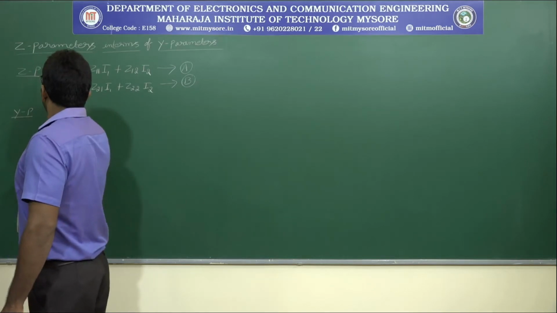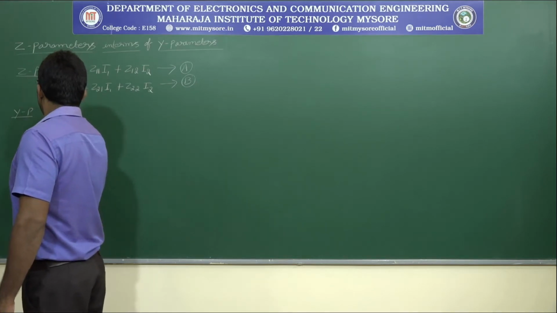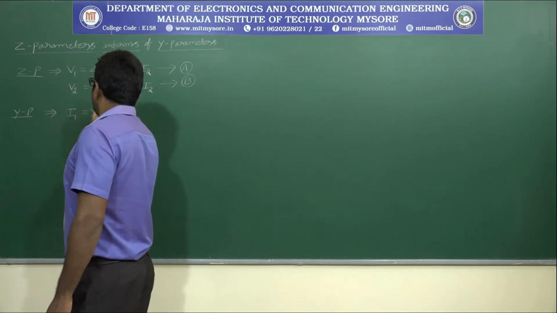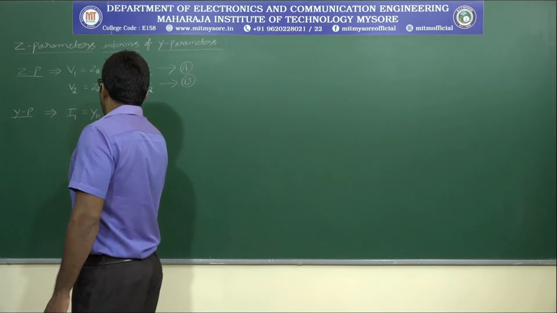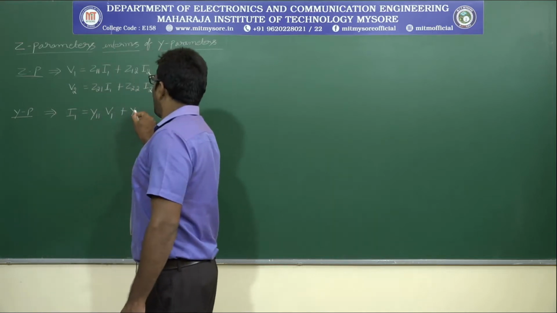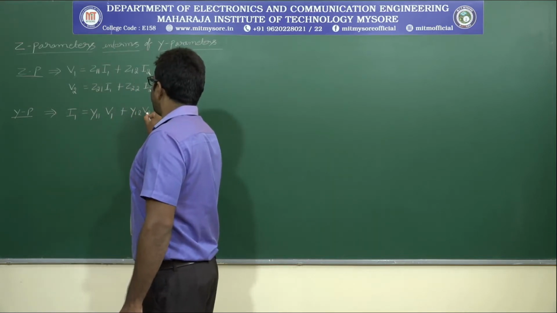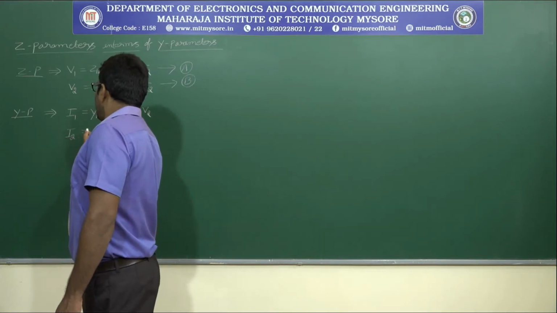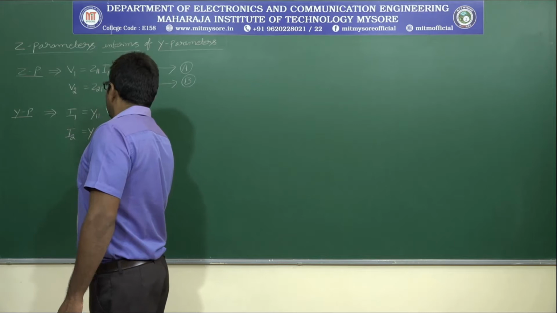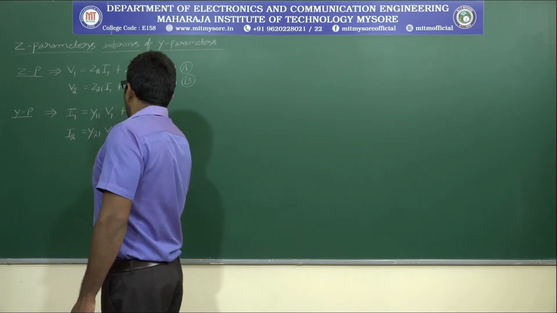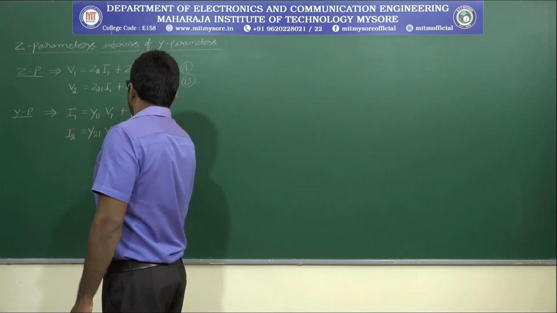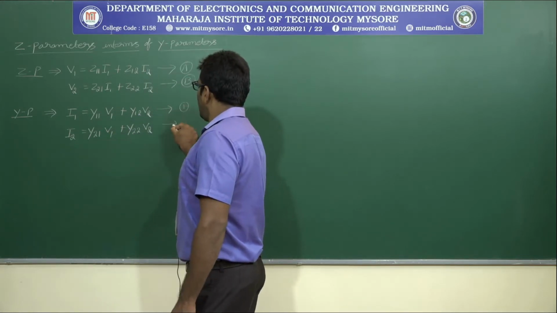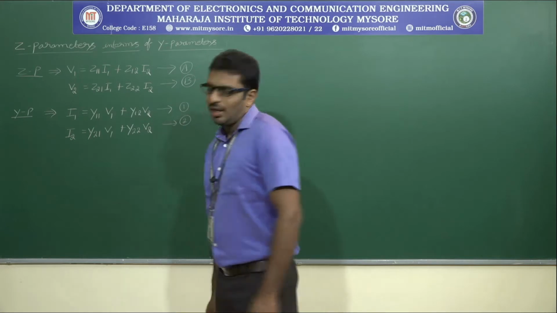I1 is equal to Y11 V1 plus Y12 V2. Similarly, the second equation, I2 is equal to Y21 V1 plus Y22 V2, and let me call them equation 1 and equation 2.